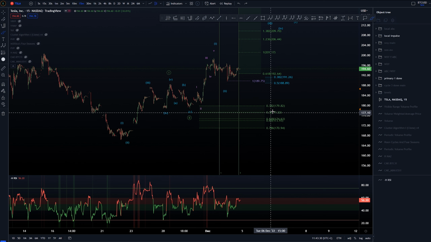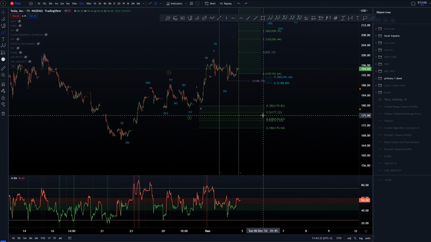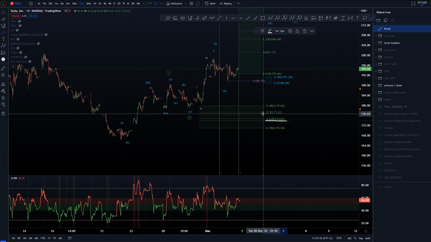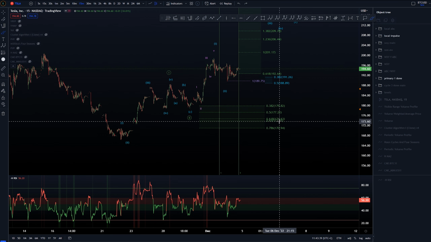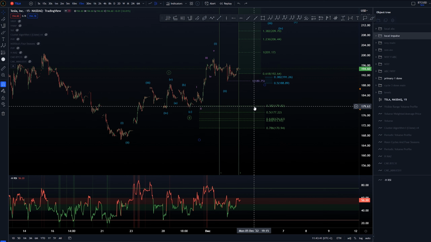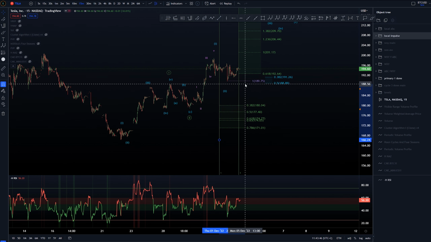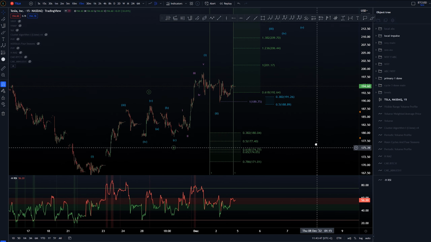So that was the reason why I did not go full position, but instead I would have liked to add more size on that position at the 0.5 and the 0.618. But again, that is just my way of getting into those positions.